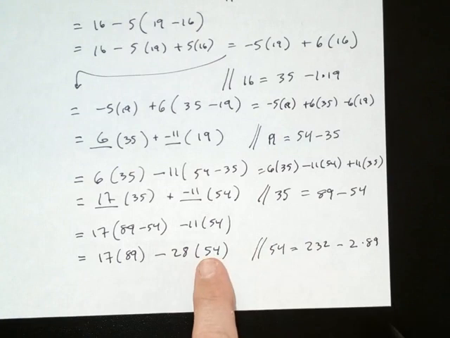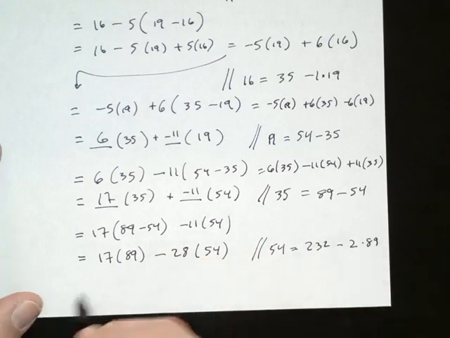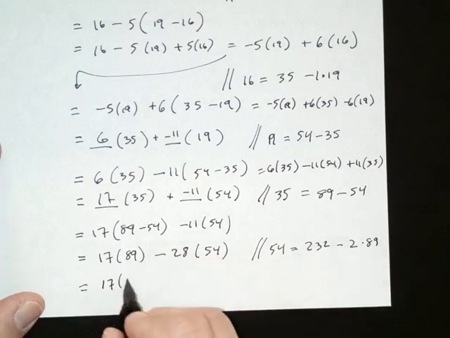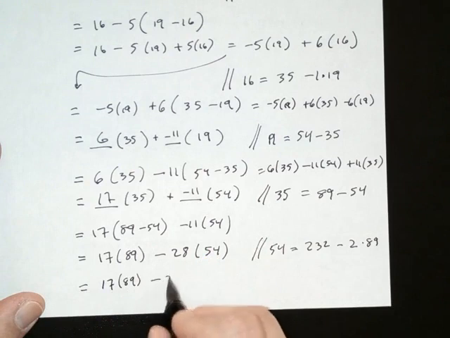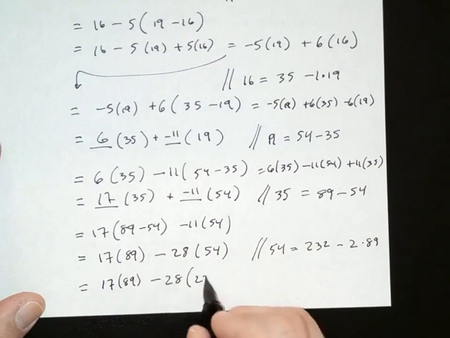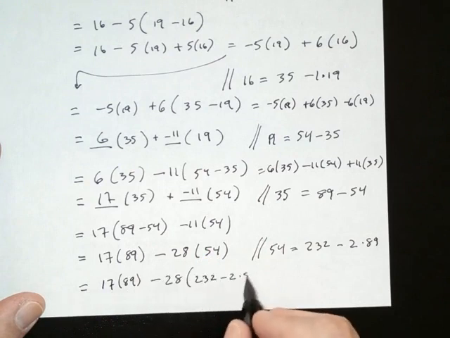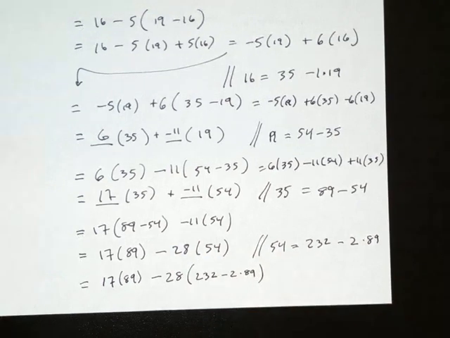So that 54 gets replaced by this. How many 89s? How many 232s?